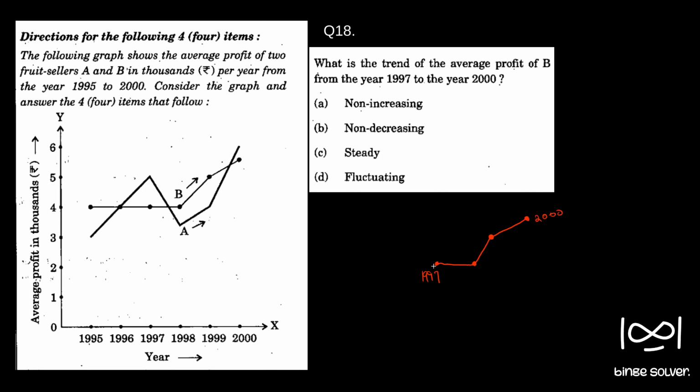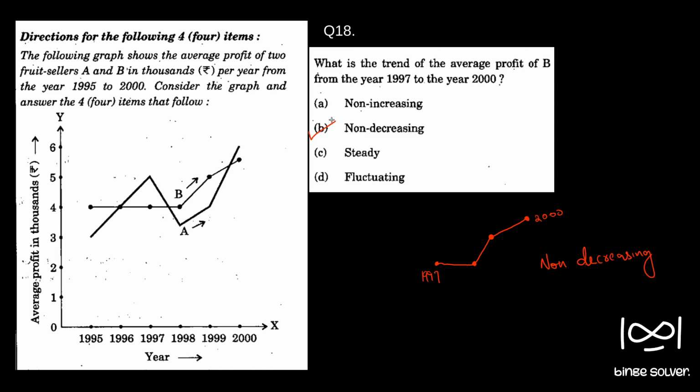As you can see, it is a non-decreasing graph. From 97 to 98, it is steady but not decreasing. Then it is increasing, then increasing. So overall it is non-decreasing, and B is the correct answer.